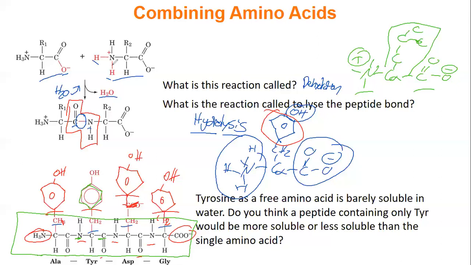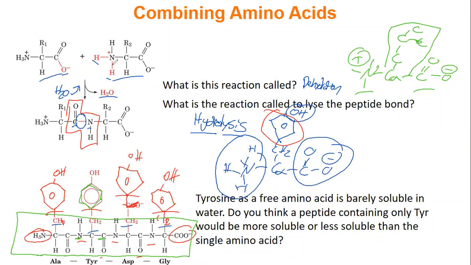Rings are so hydrophobic, it doesn't matter. The idea is the more hydrophobic rings you add, you're only going to have two charged termini, one N and one C. So if you only have one hydrophobic ring, that's okay. It will still dissolve. You add 100 hydrophobic rings and still only have one charged N and one charged C, water is not going to want to interact with that molecule.